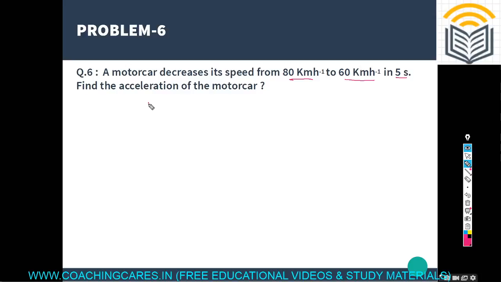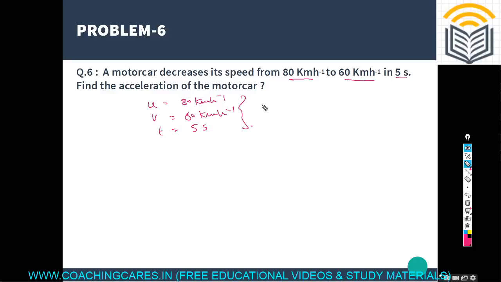Let us say the initial speed is u, which is equal to 80 km per hour, and the final velocity is v, which is 60 km per hour, and the time taken t is equal to 5 seconds.